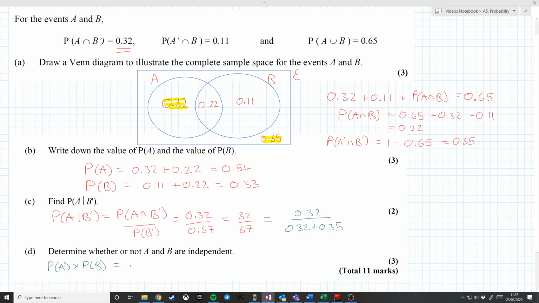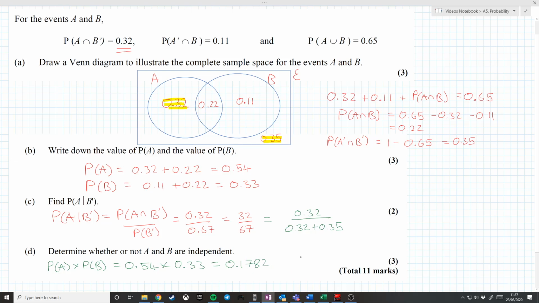So probability of A times probability of B is 0.54 multiplied by 0.33, which is equal to, on my calculator, 0.1782.